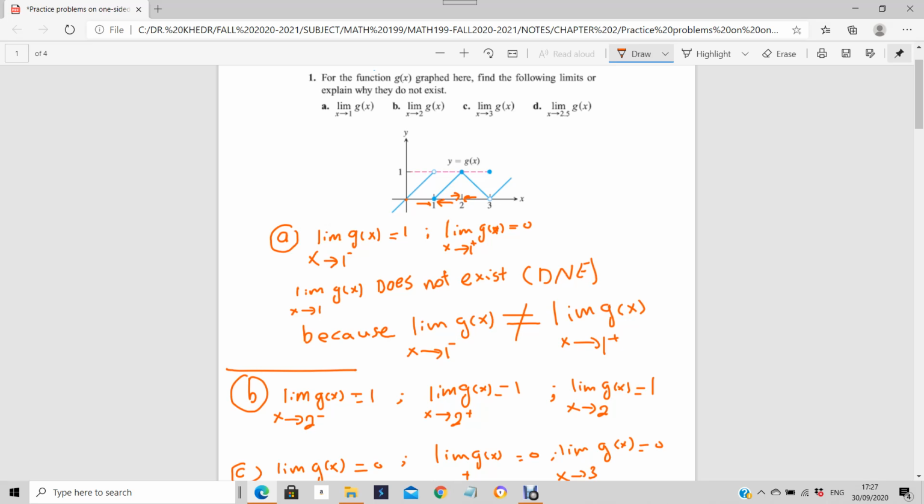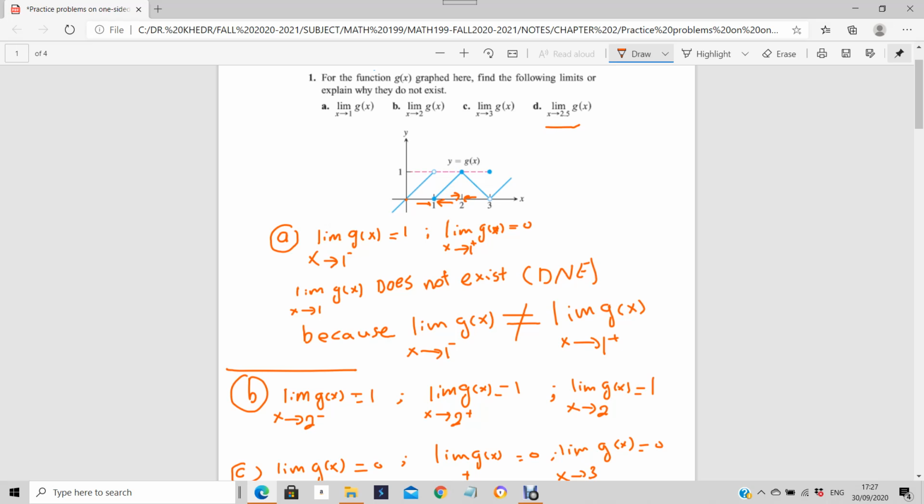So for this part D, I will leave it to you as an exercise. You think about it. What you need to do here is find the equation of this straight line. I'm sure you'll be able to find it because you know the coordinates of this point, you know the coordinates of this point, and then you apply the equation for the straight line, you find the relation between y and x. And that will be the function g of x. So y will be equivalent to g of x.